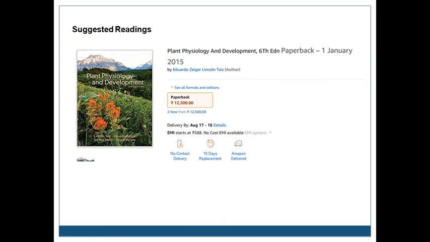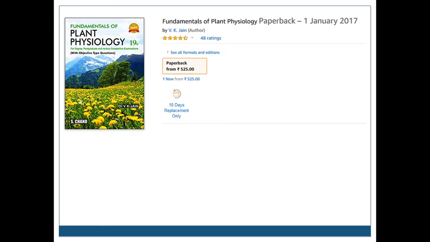I'm mentioning only 2 books here, although there are many other good books also. But initially, you can follow your textbook, either College Botany or Studies in Botany. Then you can purchase Plant Physiology, this book, and the Taiz and Zeiger book.